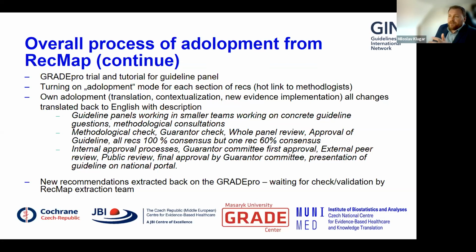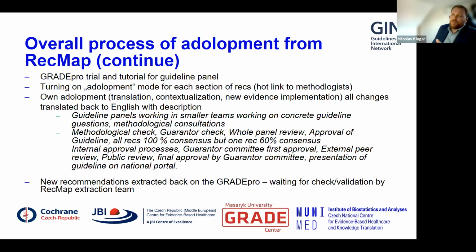Guideline panels worked in smaller teams on concrete guideline questions, and there were constant methodological consultations from our methodological team. Then there was a methodological check of the adolopted recommendations, a guarantor check, and then the whole panel review.